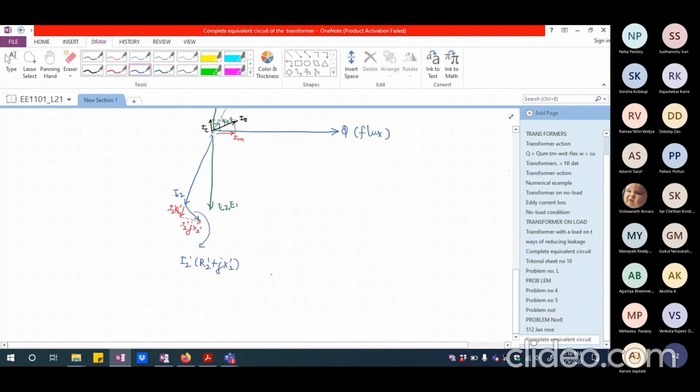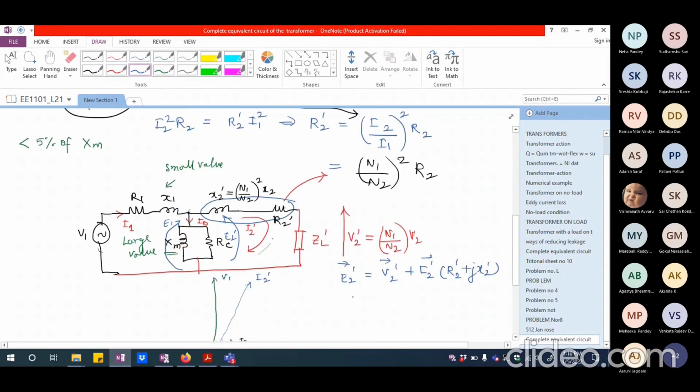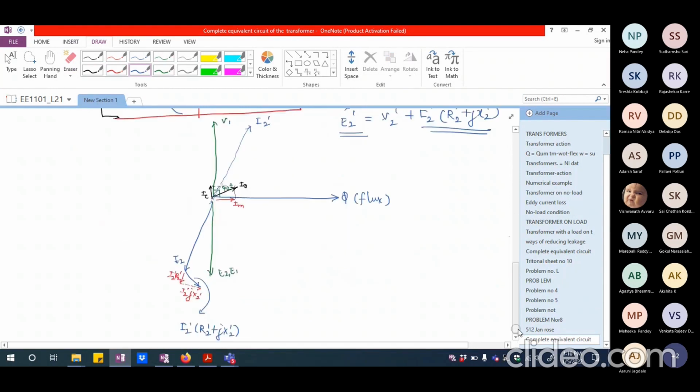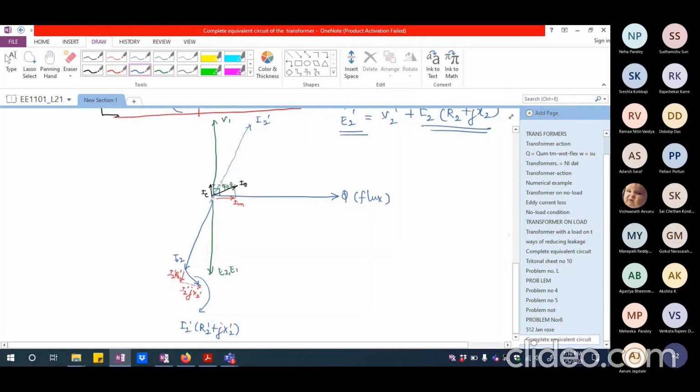That is the value. Okay. Now I told you here when we wrote the equation, E2 dash minus this will give me V2 dash. So I have to subtract this. So this is the vector I have. So I have to draw a vector exactly in the opposite sense but parallel.